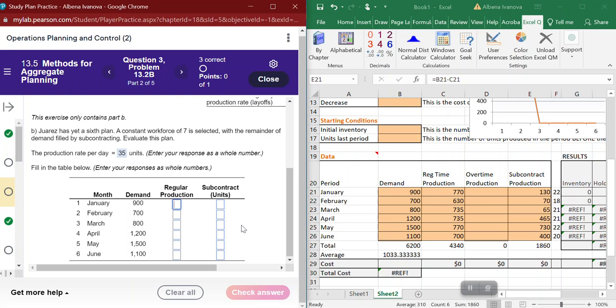So my regular production will be in my subcontracting units. Okay.